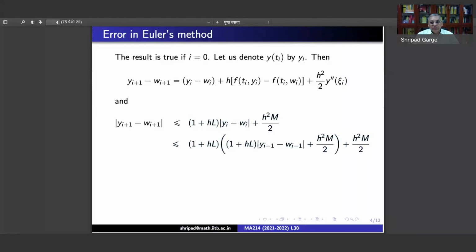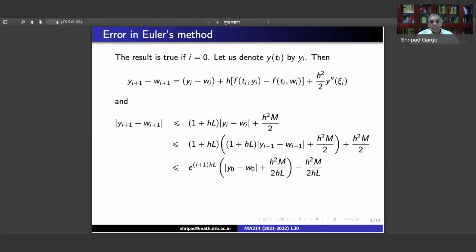So that will give you |y_{i-1} minus w_{i-1}| multiplied by 1 plus hL, and you add h squared M by 2 to that. So this is the quantity we get. If you keep doing this all the way up to 0, you will have several powers of 1 plus hL which will come. There will be some constants which will come. So ultimately, what we get is e to the power (i+1)hL times |y_0 minus w_0| plus h squared M upon 2hL times e to the power (i+1)hL minus h squared M upon 2hL.